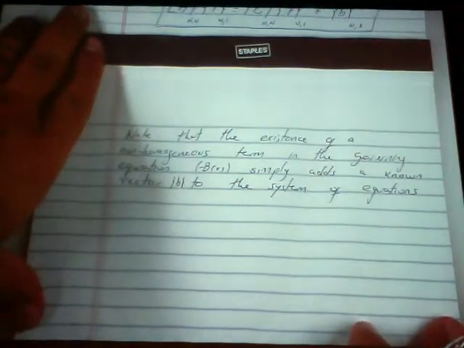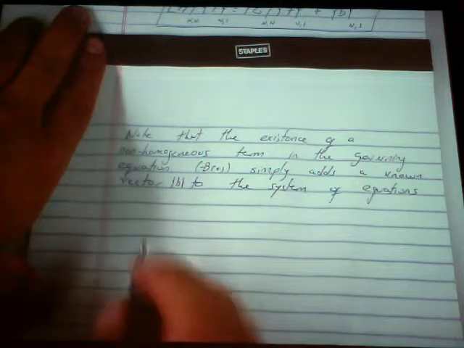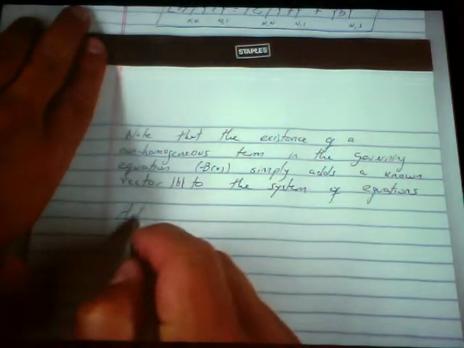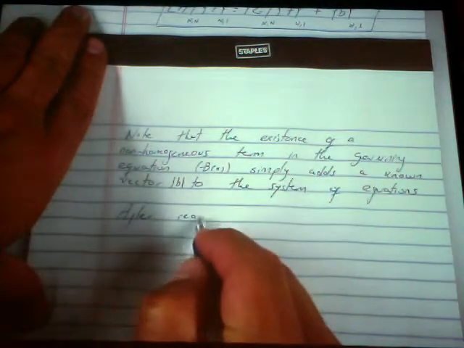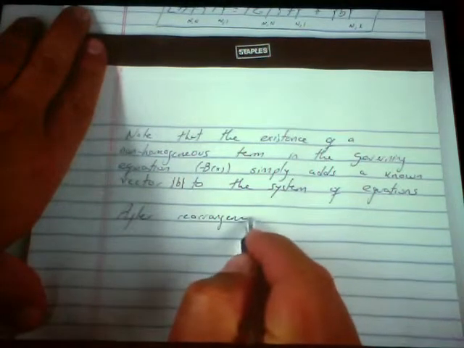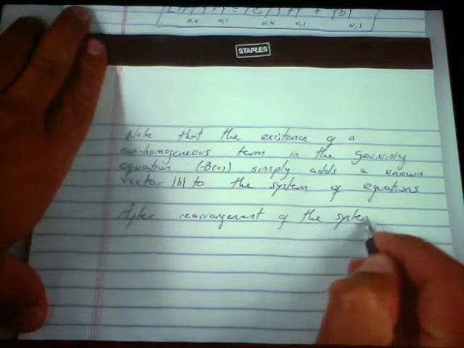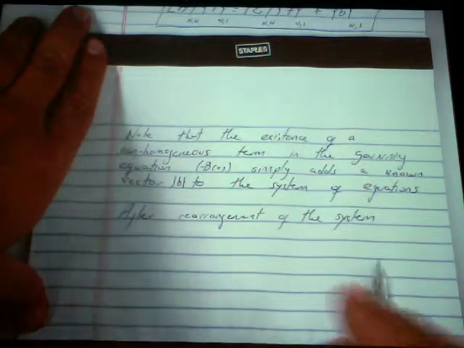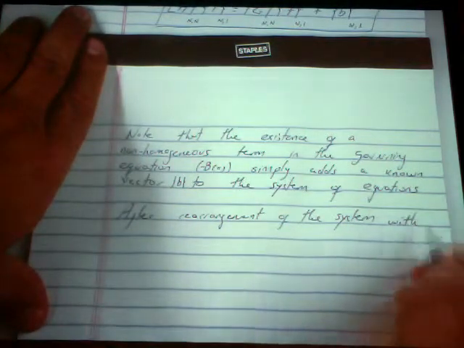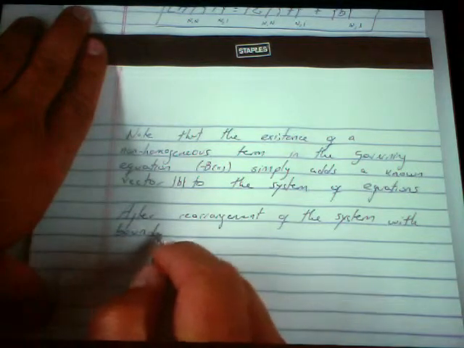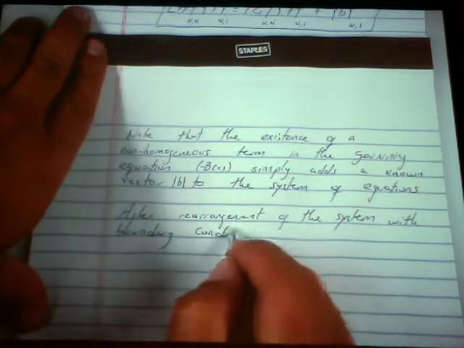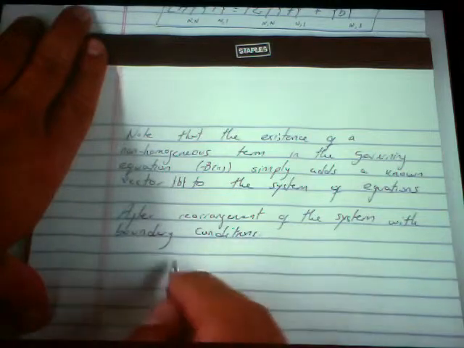So after rearrangement of the system with boundary conditions, what do we end up with?